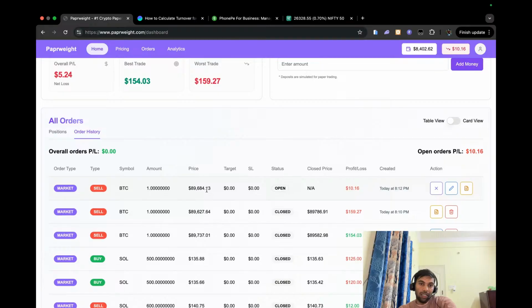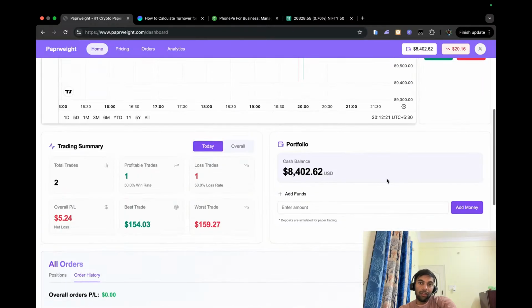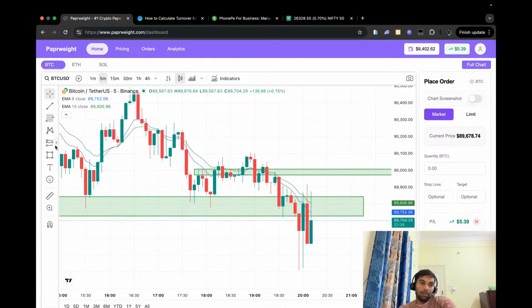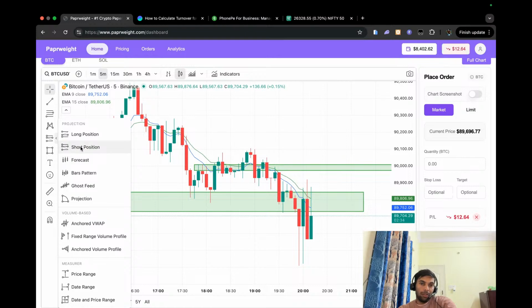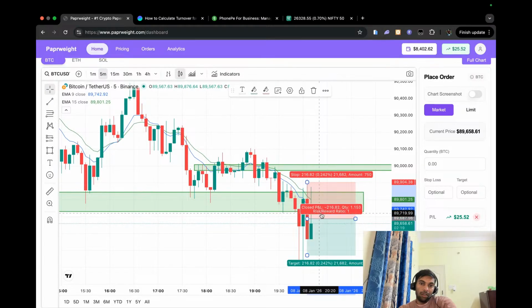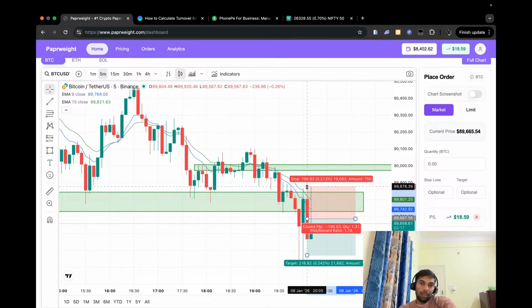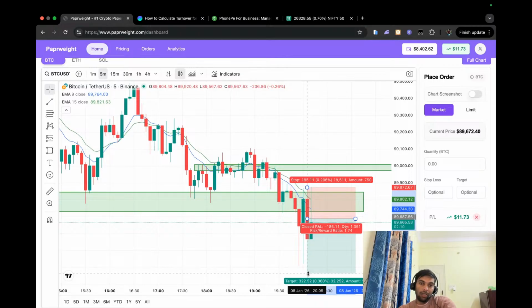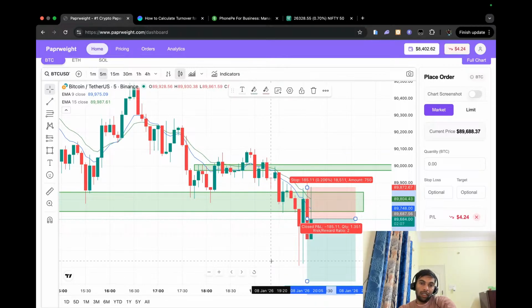So my position is 89,684, a short position, 89,684, somewhere here, and my stop loss would be at this high. Target would be at least 1:2. Let's target at 1:2.